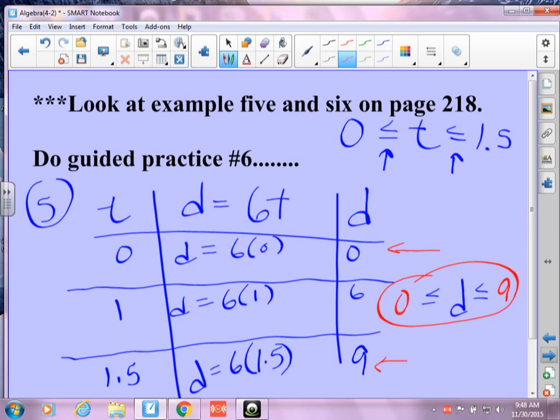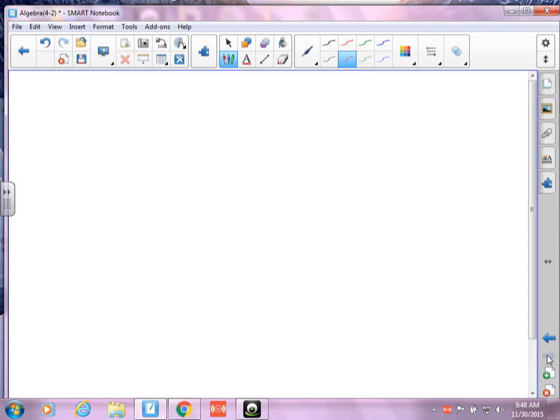Okay, let's take a look at number 6 in the guided practice. It says, for gas that costs $2 per gallon, the equation C equals 2G gives the cost C in dollars of pumping G gallons of gas. You plan to pump $10 worth of gas.